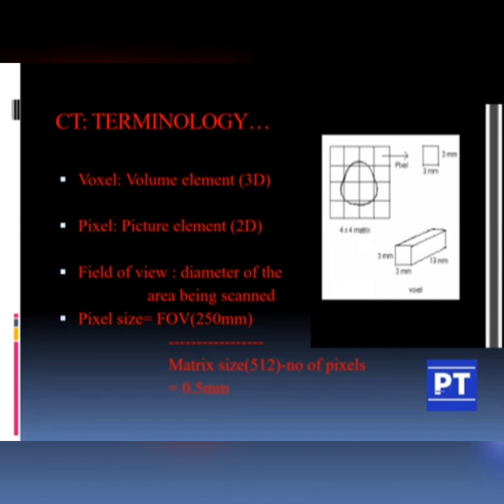The field of view means the diameter of the area being scanned, the area which we choose for scanning. The pixel size is FOV 250 mm divided by the matrix size, usually 512 by 512 pixels, which equals about 0.5 mm. With respect to this we can calculate the pixel size.